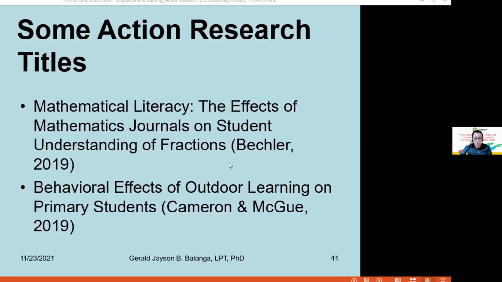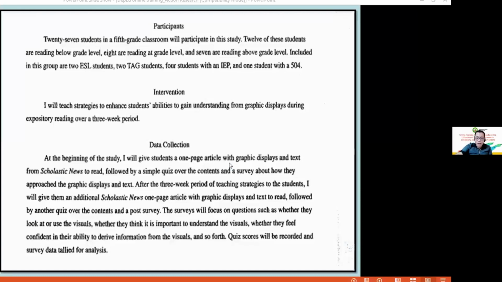So in the data collection, we have the details here na like the teacher will give students a 1-page article with graphic displays followed by a simple quiz. Then after a 3-week period of teaching strategies, I will give them an additional 1-page article and then follow another quiz over the contents and a post survey.